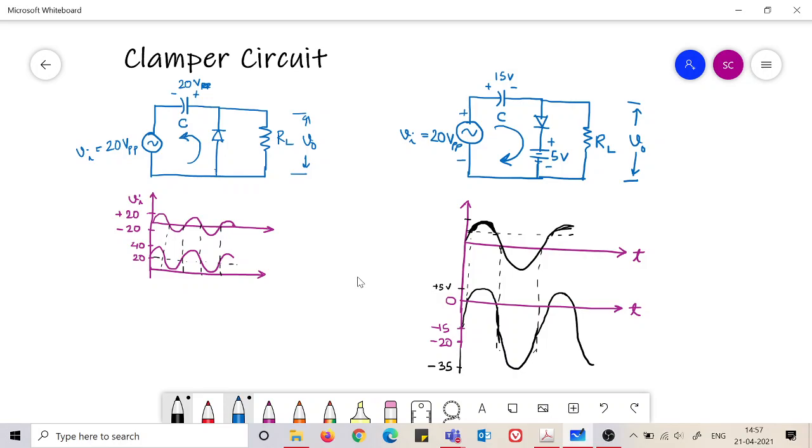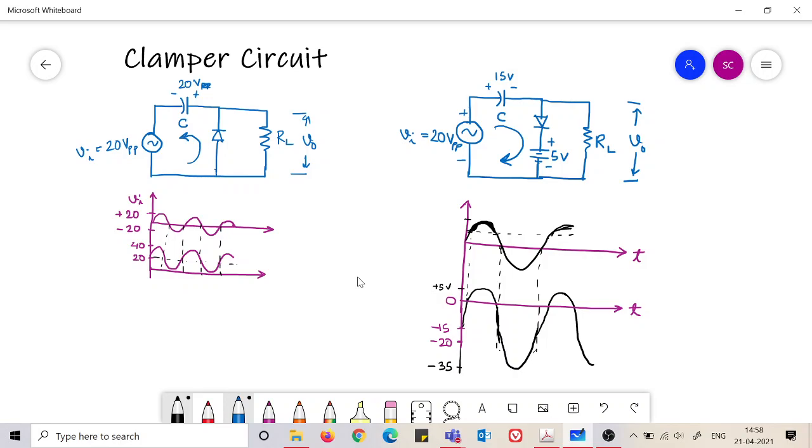And we have to consider that once the capacitor gets charged, it does not discharge, because the discharging path has a very high time constant because of the presence of the load resistance. So only one thing, we have not mentioned the value of these RLs, but we must be very sure that this RL is very high, in the range of kilo ohms. That we need to be very sure.